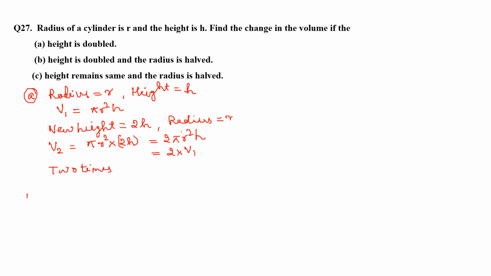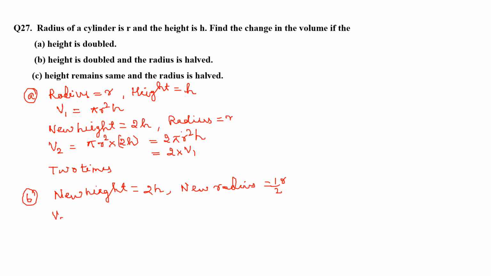Now the second part, when height is doubled, so new height is 2h and new radius is half of the previous one, isn't it? So original was r, it became r by 2. Now you find the volume.